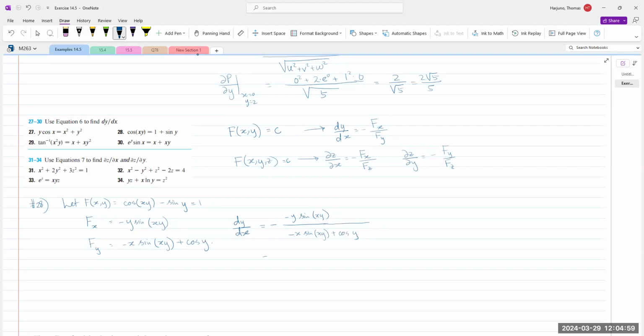The negatives cancel, and I get y sine xy over cosine y minus x sine xy.